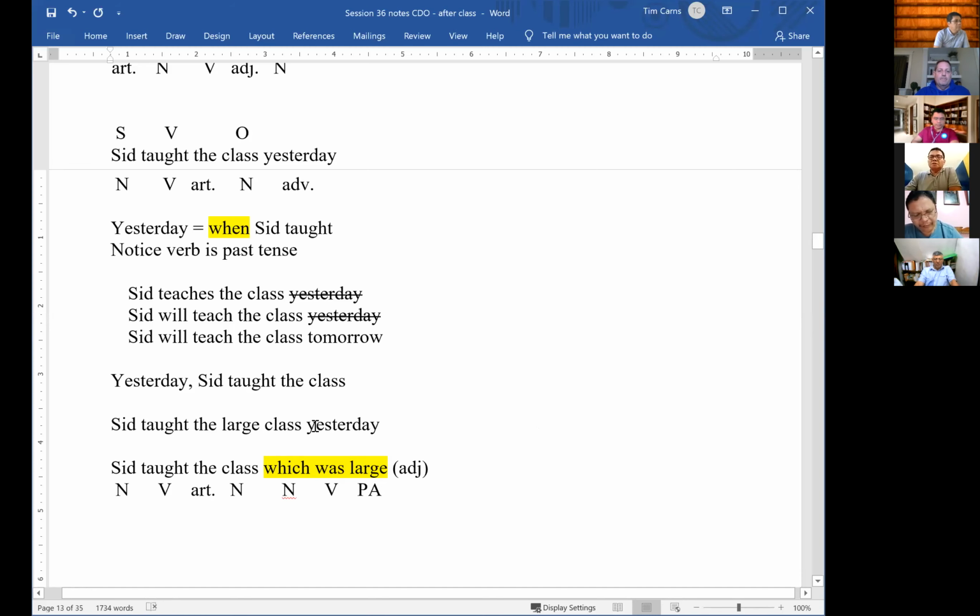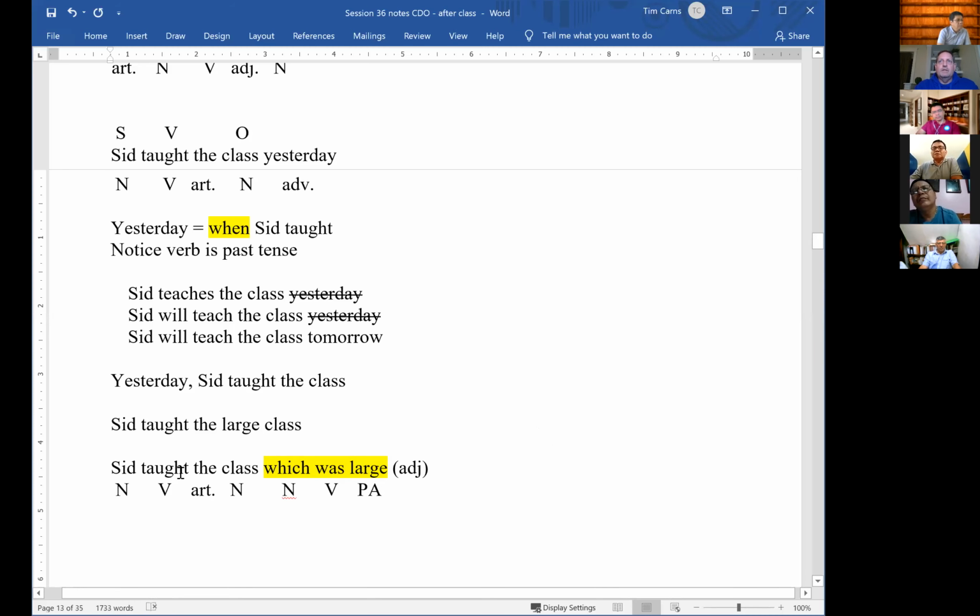That makes sense, you guys? This is where we're headed as far as the diagram: we're going to see that not just one word can function like an adjective or an adverb, but a group of words can function that way. And this is where the diagram comes in.